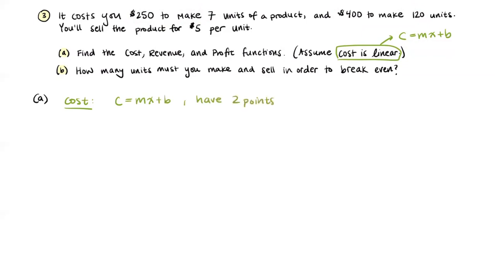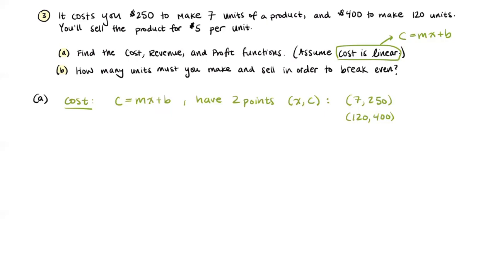Normally it's x comma y, so the points will be x comma C. Remember, x in these is always the number of units or number of items. So we make 7 items and it costs us $250. That'll be 7 comma 250. And then we also have 120 units that cost $400. So 120 comma 400.